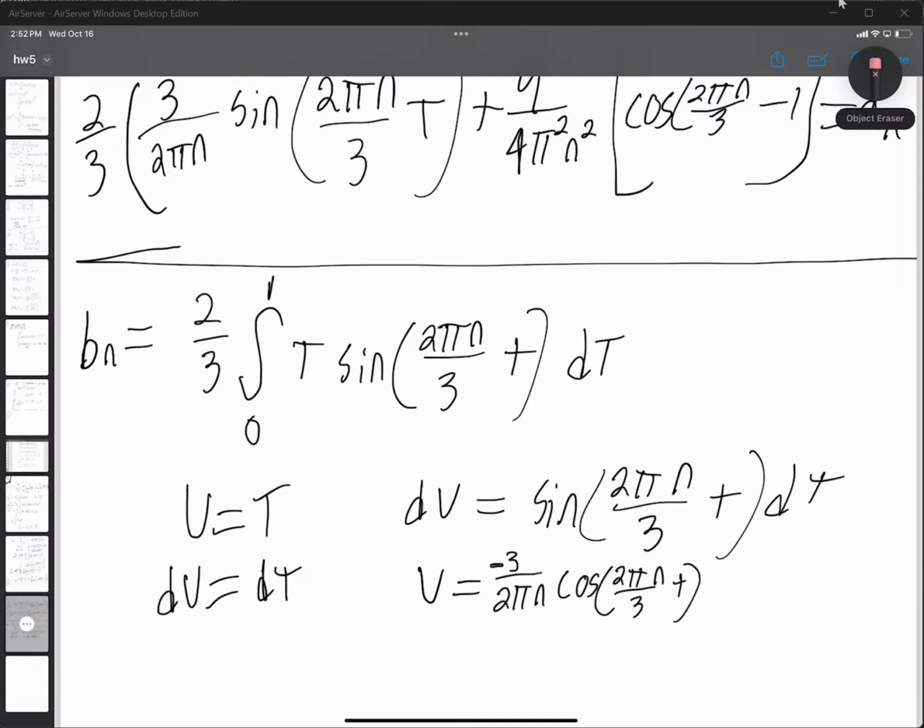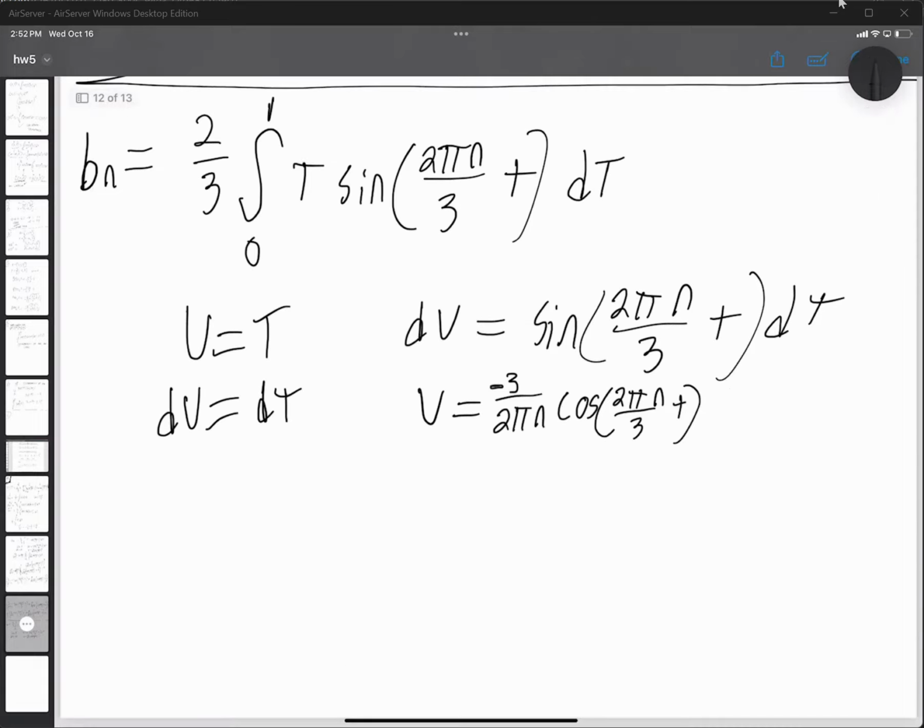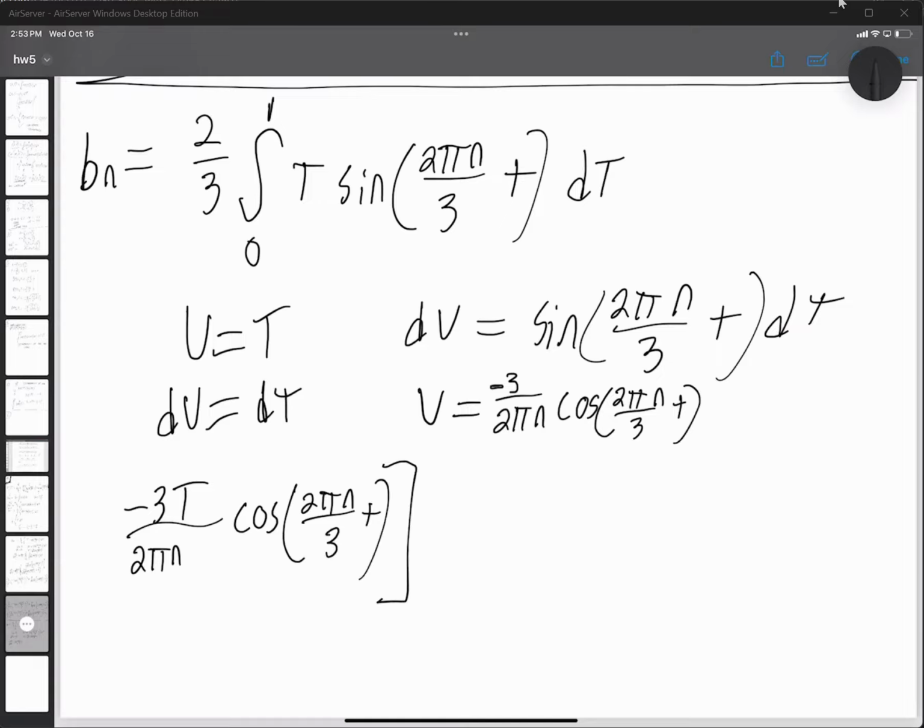No dt over here. Okay, now let's plug this in. uv is going to be negative 3t over 2 pi n cosine 2 pi n over 3 t from 0 to 1. At 0, it would be 1 for that whole... Oh, no, it'd be a little different.